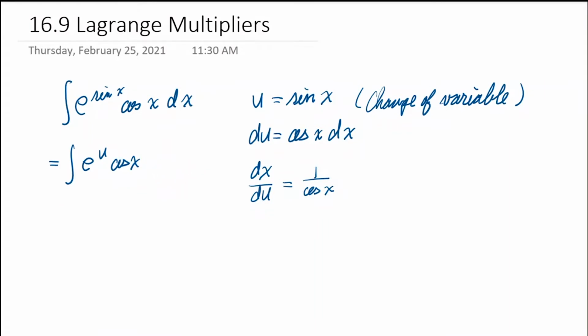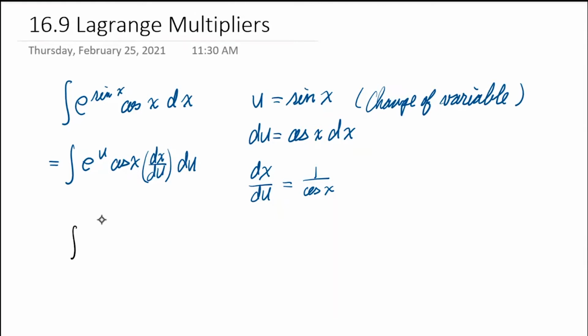So we are multiplying by dx over du here, which is 1 over cosine x. And then we can put du. Do you understand what's going on? This is just 1 over cosine x to cancel that thing. So far, so good. Let's generalize this idea.